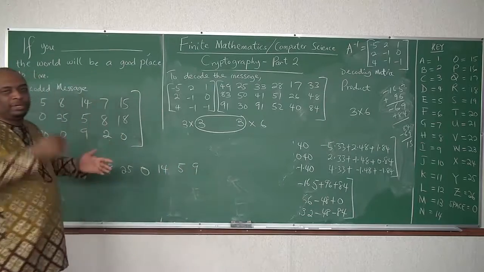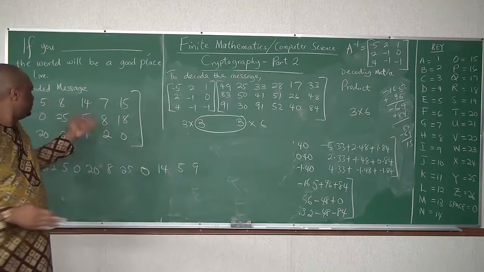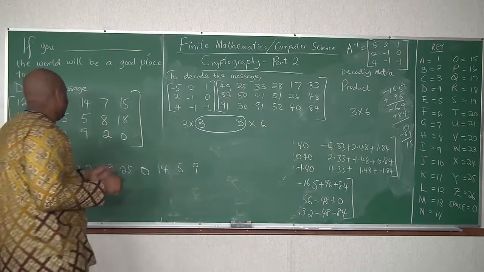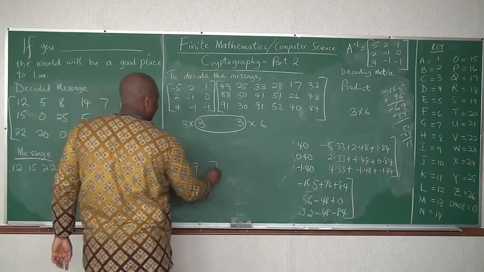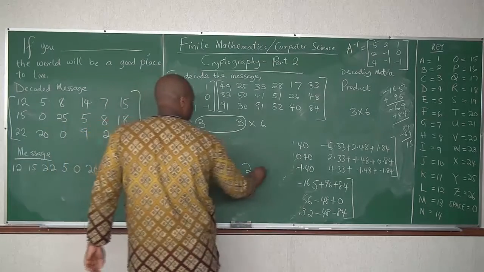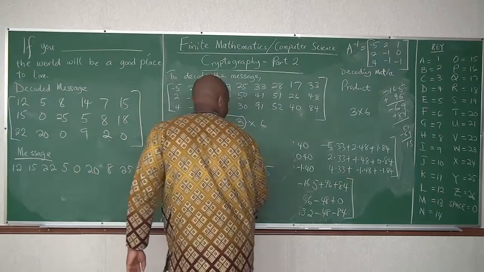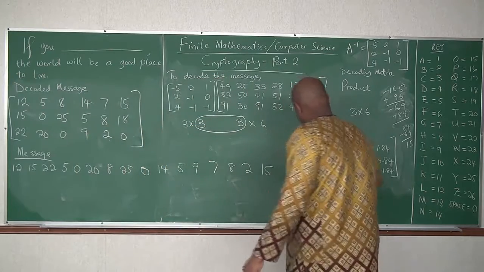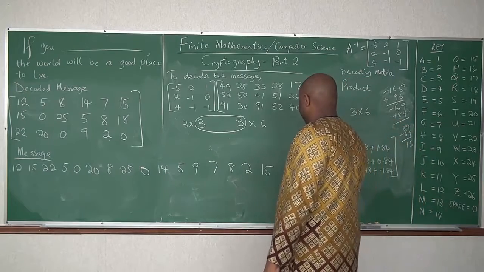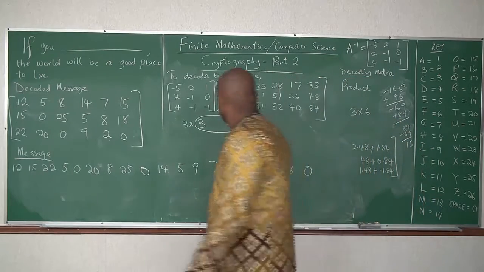You know, we're using this because that is the way we arrange the message. So that's the way we're writing it out. 14, 5, 9, 7, 8, 2, 15, 18, 0.